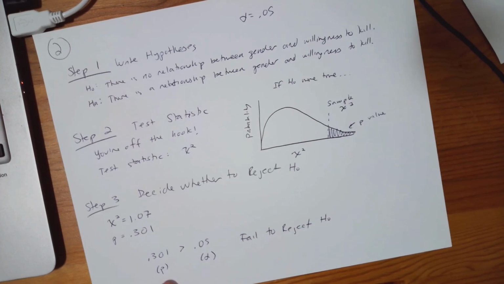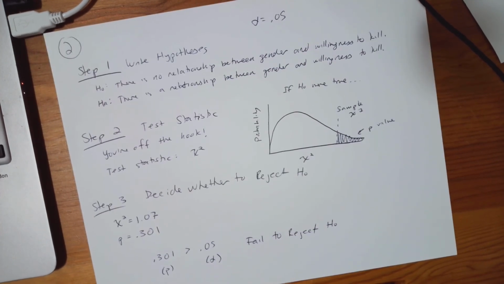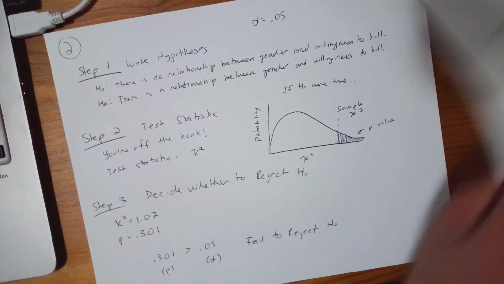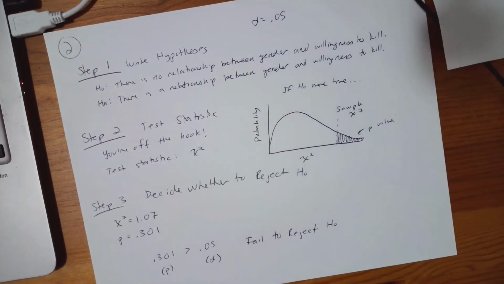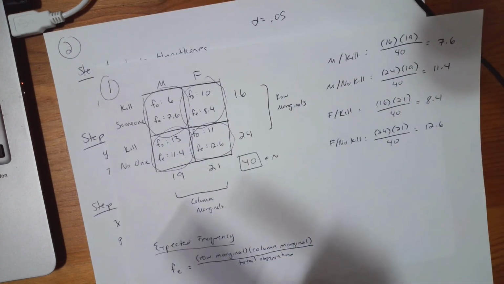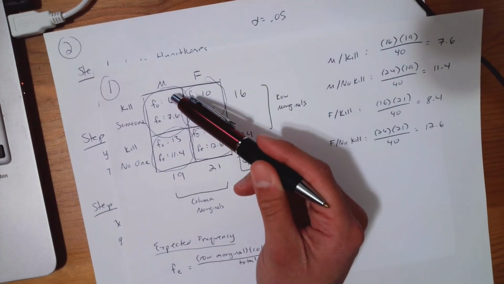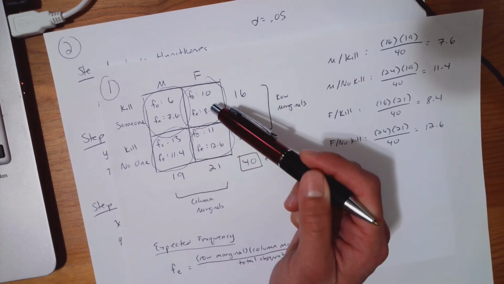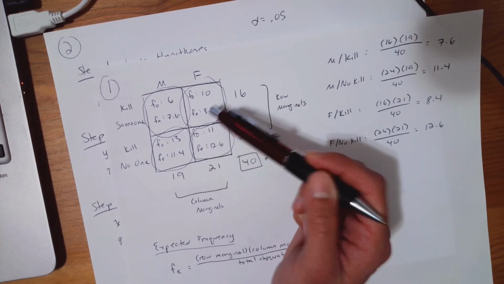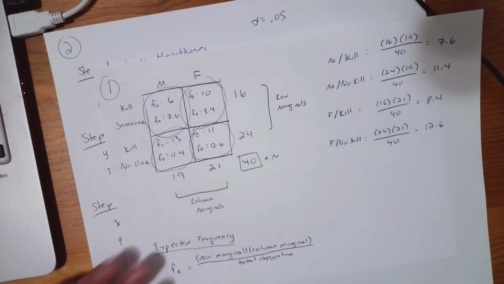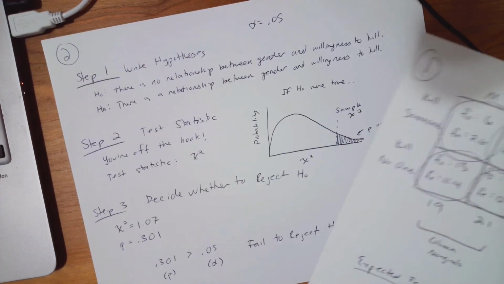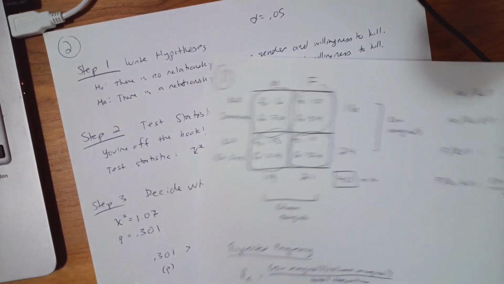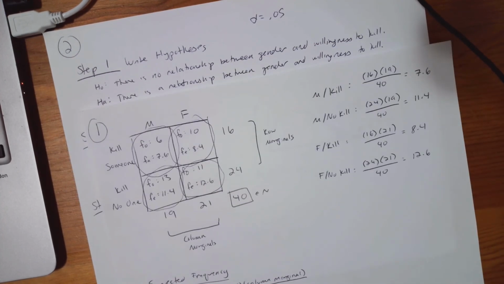In other words, we do not have enough evidence based on our crosstab here to say that men and women answered this question any differently. So the differences that we see in the crosstab here, 6 rather than 7.6, 10 rather than 8.4, and so on, are differences that would occur by chance approximately 30.1% of the time, assuming that men and women answered this question exactly the same.